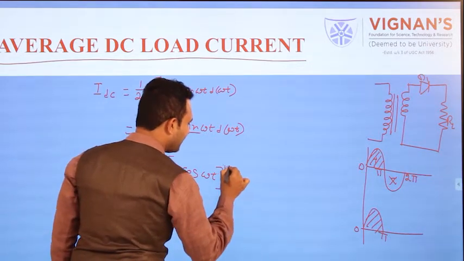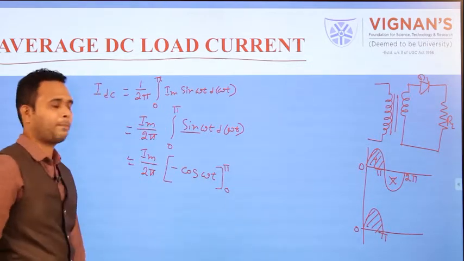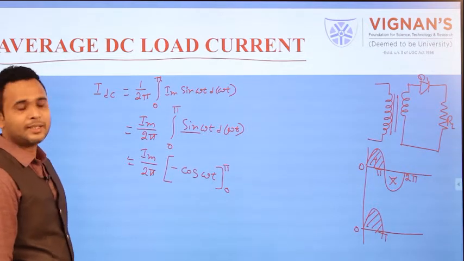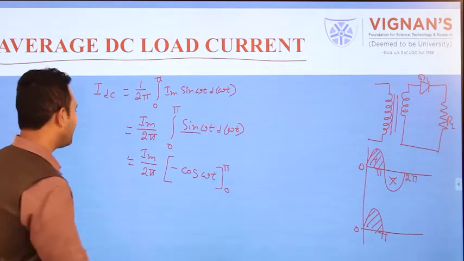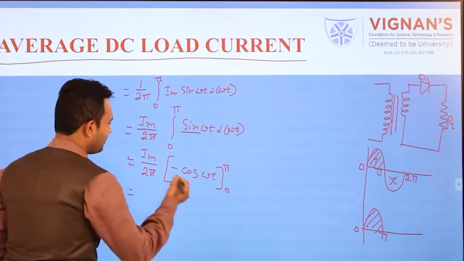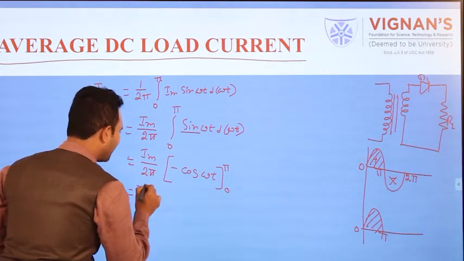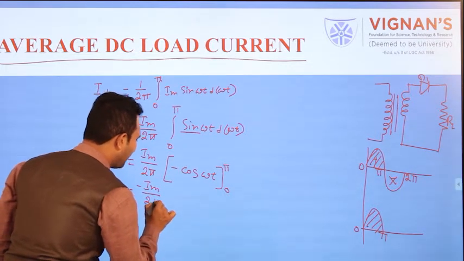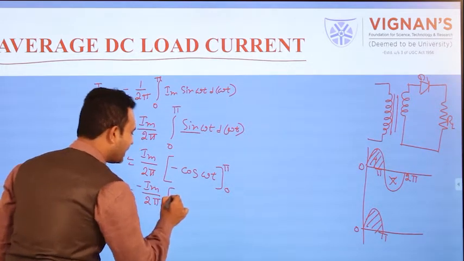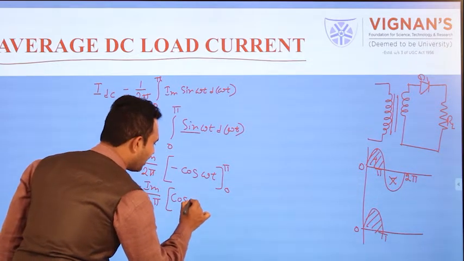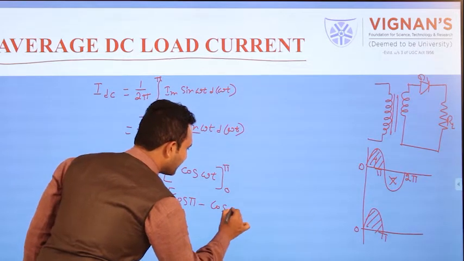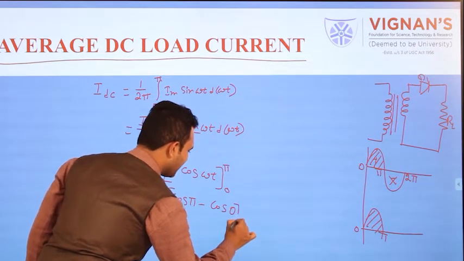We substitute 0 and pi in place of omega t, taking the minus outside: minus Im by 2 pi of cos pi minus cos 0.